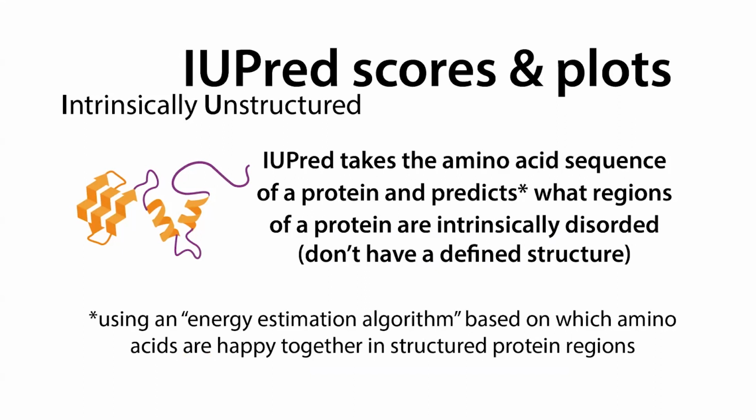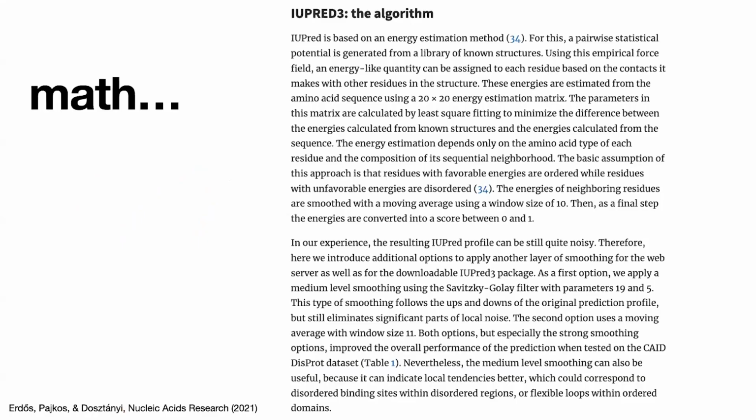And it's basically, from the best I can tell, trying to figure out which amino acids are happy hanging out together in a structured protein, using this energy estimation matrix. So they go through those known structured regions of proteins, and then they look and see what amino acids are near one another and calculate the free energy, or how comfy those amino acids are next to each other, how happy they are next to each other.